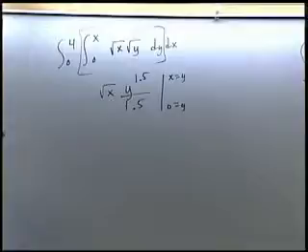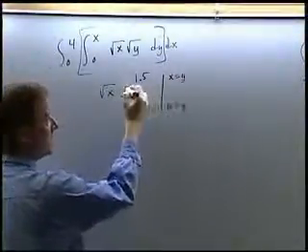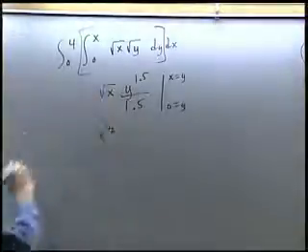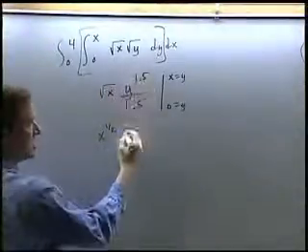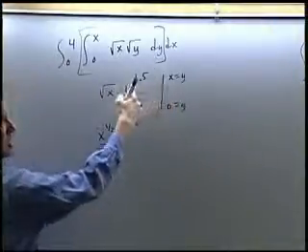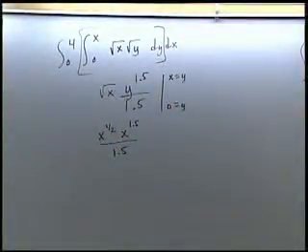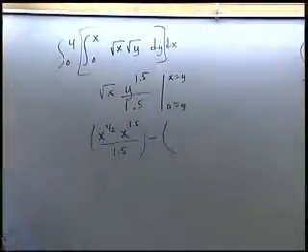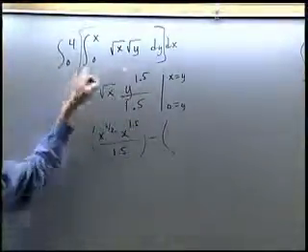So we go ahead and start subbing things in here. If I sub in an x, I'm going to rewrite this as x to the 1/2 times x to the 1.5 divided by 1.5. All I did was sub in an x wherever I see a y. So that's the first piece. Now I subtract what I get when I sub in 0 for y, but what will I get when I sub in 0?